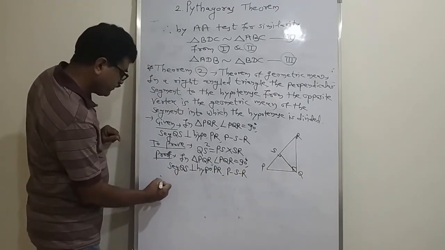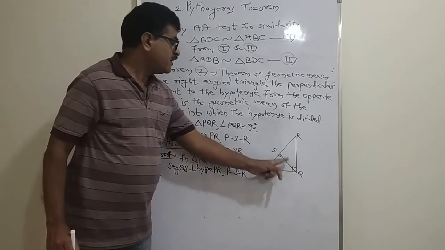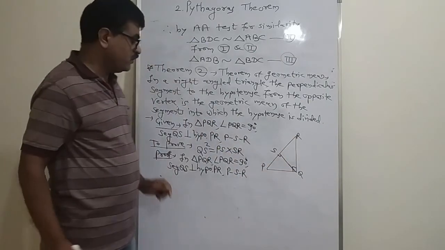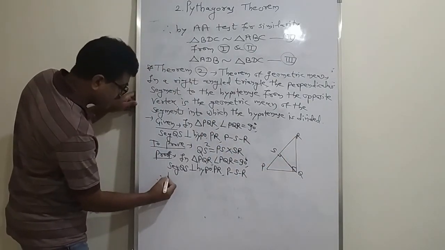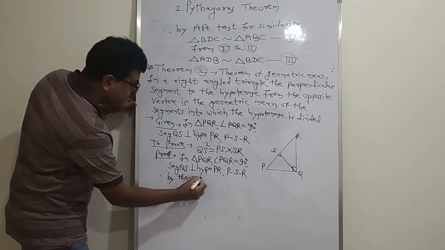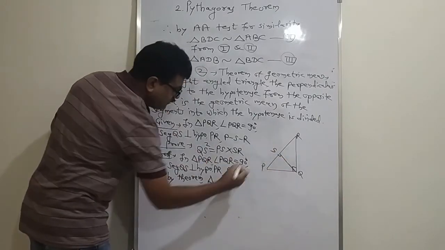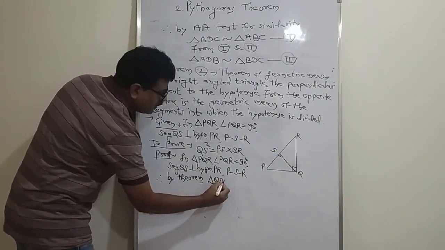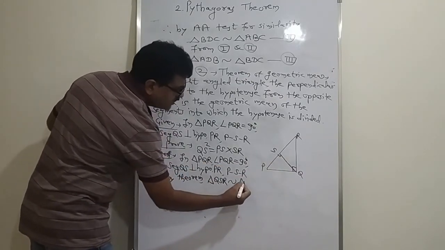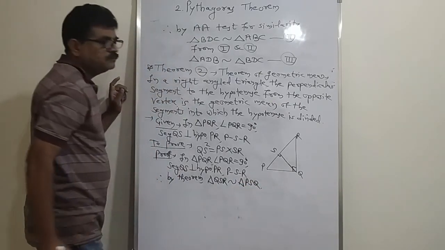Therefore, triangle QSR is similar to triangle PSQ. Therefore, by theorem we write triangle QSR is similar to triangle PSQ.